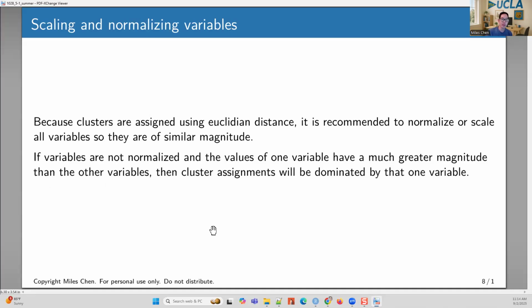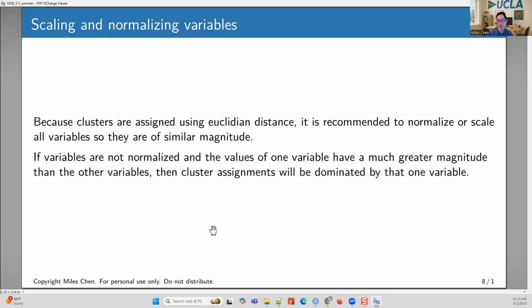Okay. Now, because clusters are assigned using Euclidean distance, it's recommended to normalize or scale all of the variables so they are of similar magnitude. That way, one variable that's measured on a different unit and is much bigger doesn't dominate.